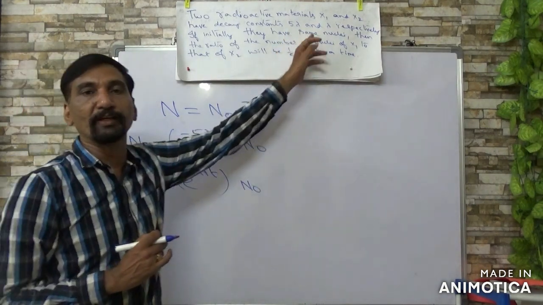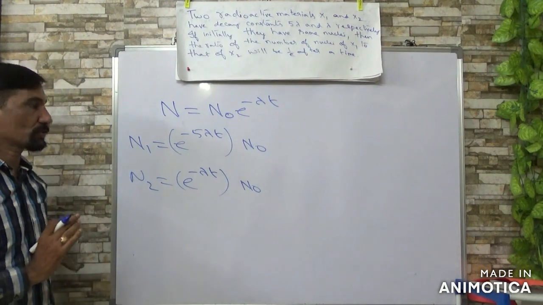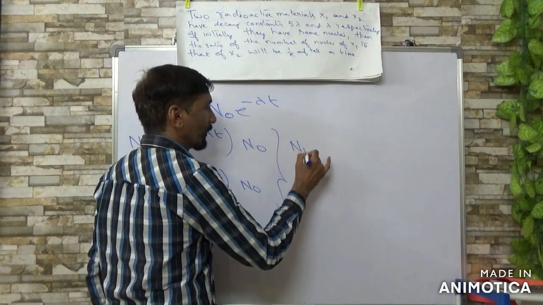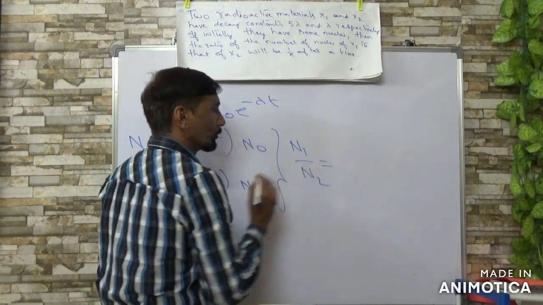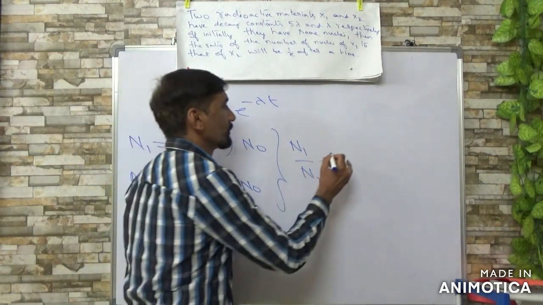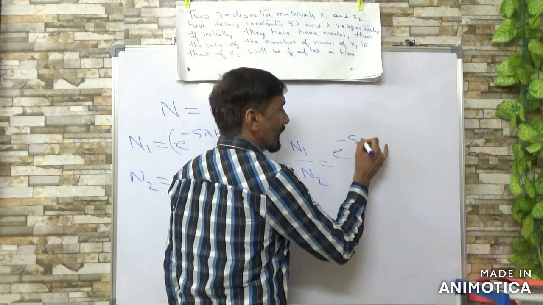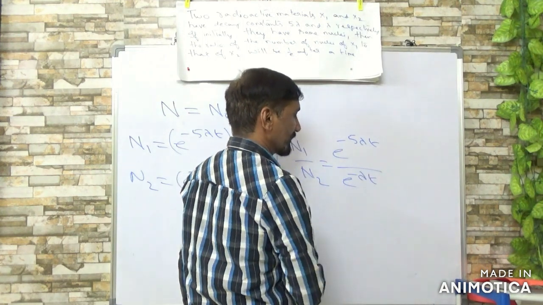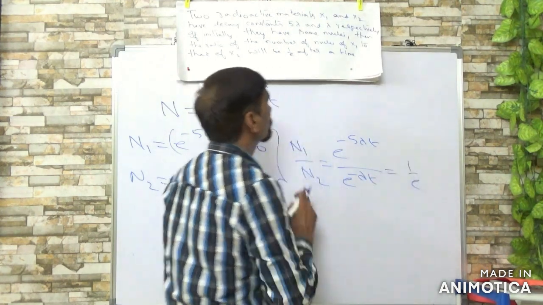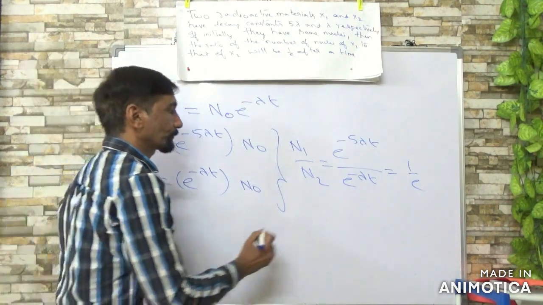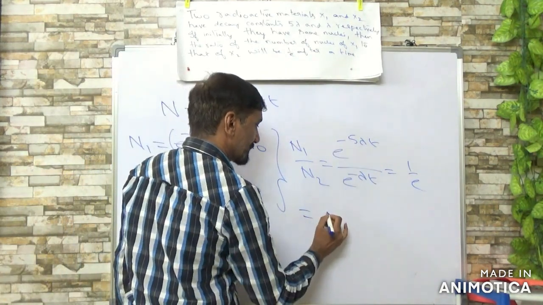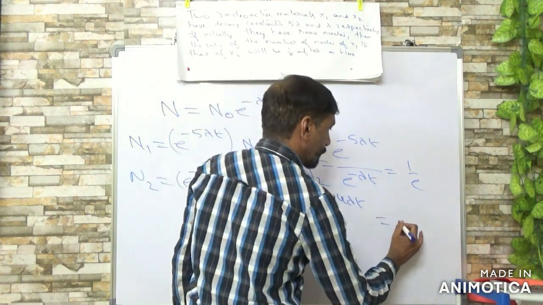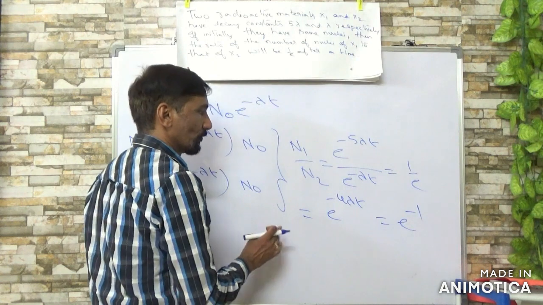Given that both have the same number of nucleons. Now the ratio N1 by N2 is equal to E power minus 5 lambda T by E power minus lambda T, which is given as 1 by E. So this can be taken as E power minus 4 lambda T, which is equal to E power minus 1.